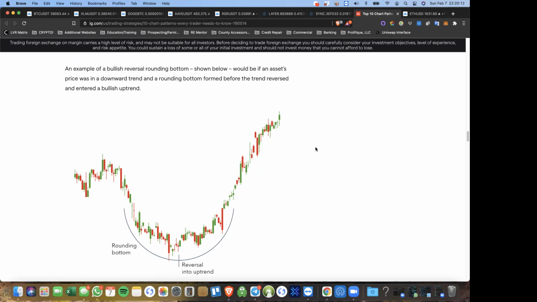It bounced off that line, because remember, there's a tool also that you use to curve around these round bottoms. If that red candle hits the rounding tool, it will either bounce off of it and then go back up, or it'll break through that tool.